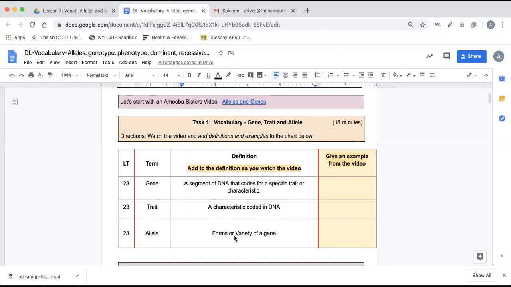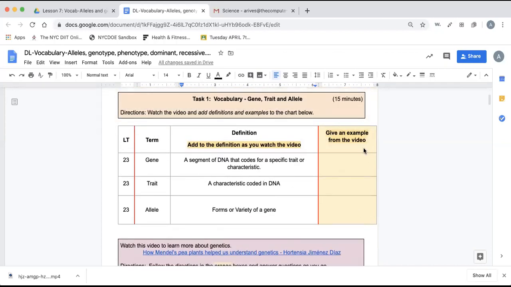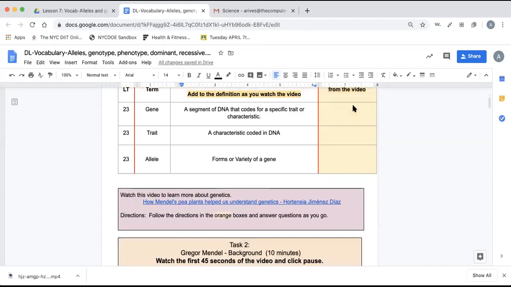Those would be the forms of the gene. The trait would be the way your hair is, curly or not. The gene would be where on the DNA that information can be found. On the video, hopefully you'll find something besides curly or straight hair to talk about. Just give an example, and pause as you go. The video's a little bit long, so there's 15 minutes for this section.